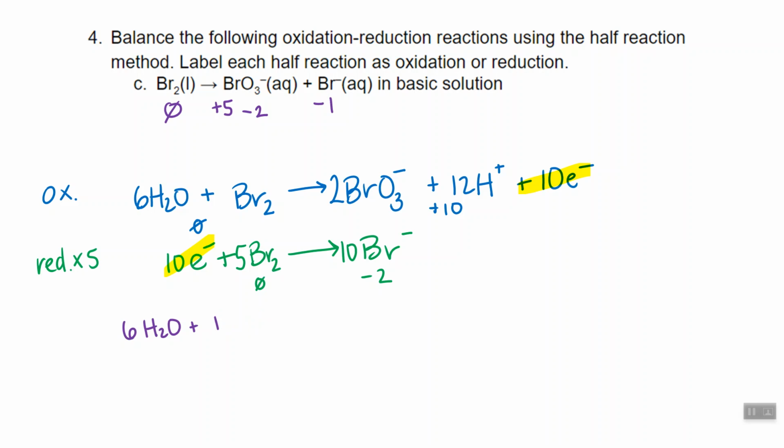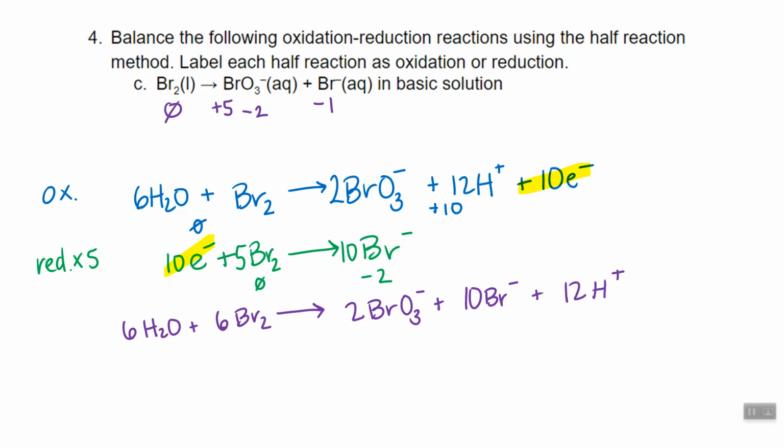So I'm going to combine my bromines, so I have 6 total. Okay, so here's what we get.